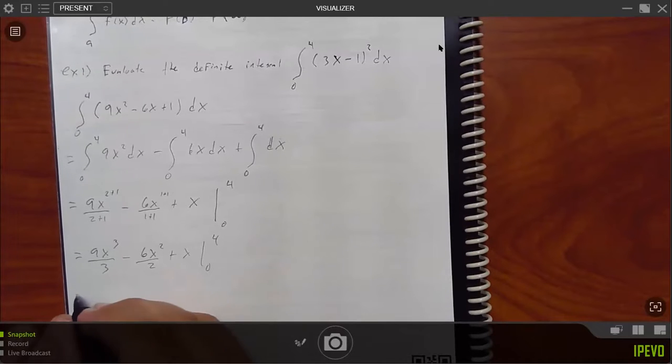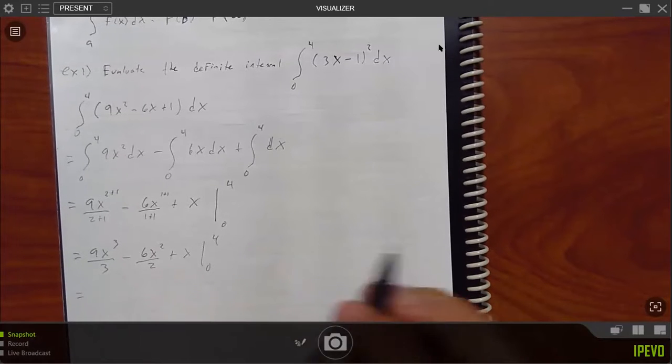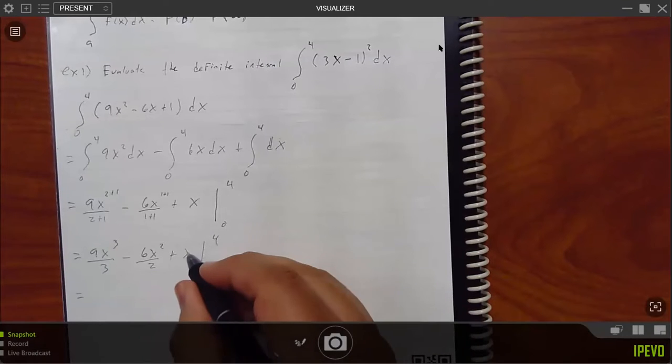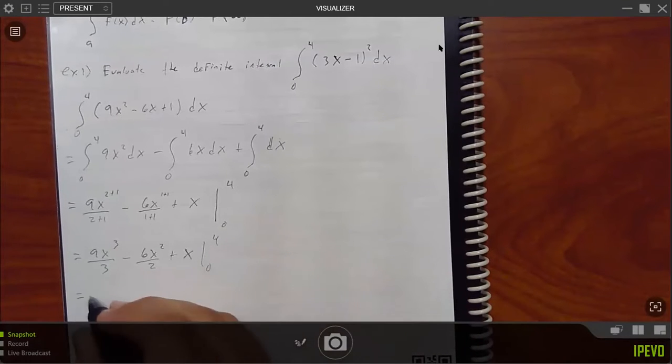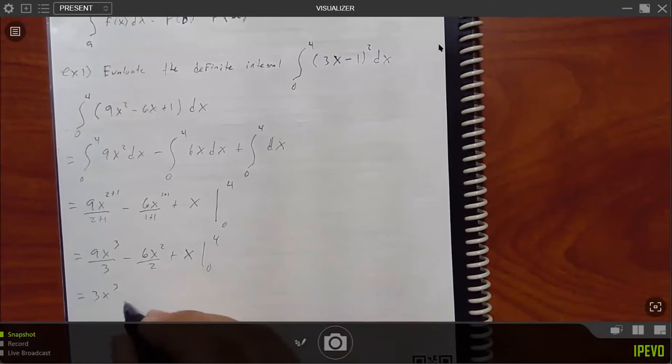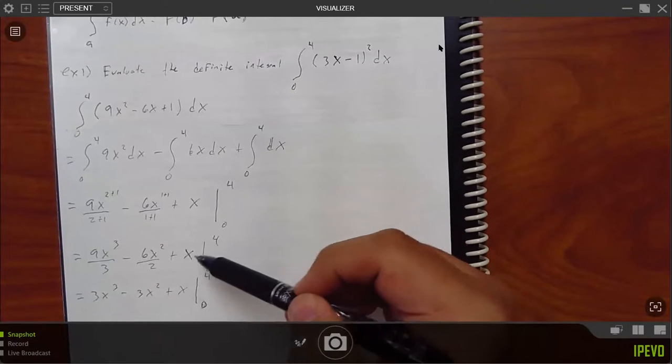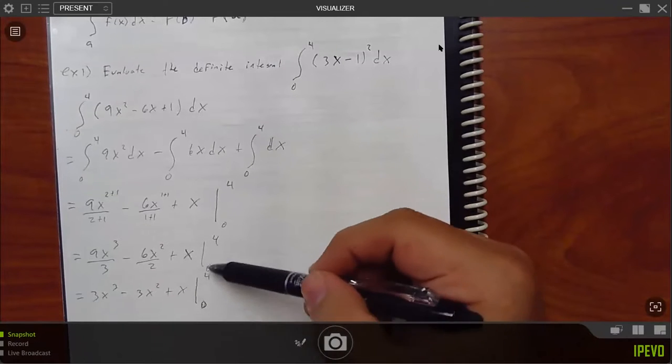All right, so. Now these numbers will reduce, right? So let's go ahead and do that first. That'll be 3x cubed minus 3x squared plus x, evaluated from 0 to 4. We've done the integration before. The new stuff is dealing with these bounds.